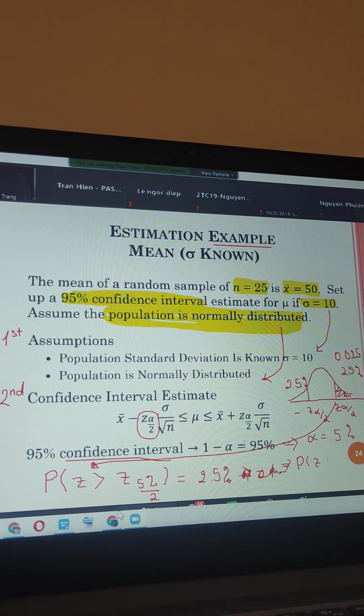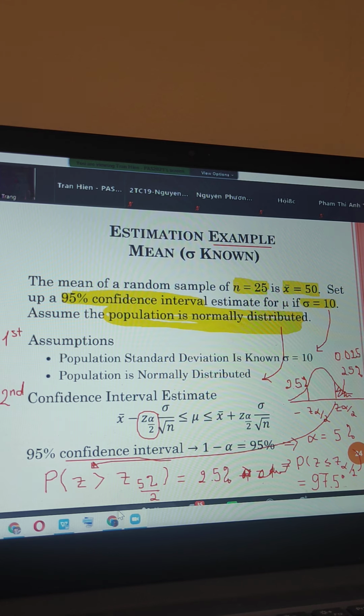Or the other way, you can find the probabilities when z is smaller or equal to z alpha over 2. Because the area in the right hand side equals 2.5%, the area in the left hand side will equal 100 minus 2.5%, which is equal to 97.5%.